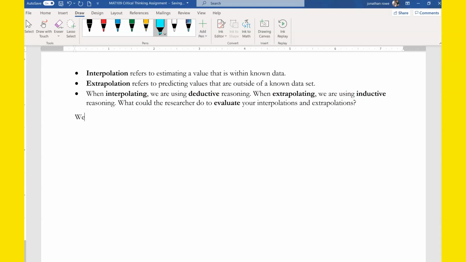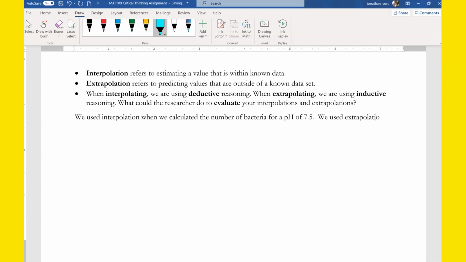So I would like to say here, we used interpolation when we calculated the number of bacteria for a pH of 7.5. So interpolation is when you plug in a value that is within the known data. So when we plugged in 7.5, that was interpolation because 7.5 was within the known data. The known data went from 3 to 12. 7.5 is within that.